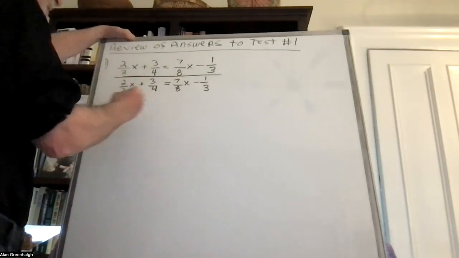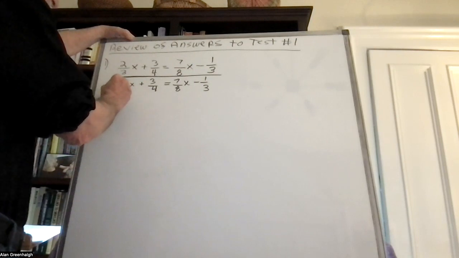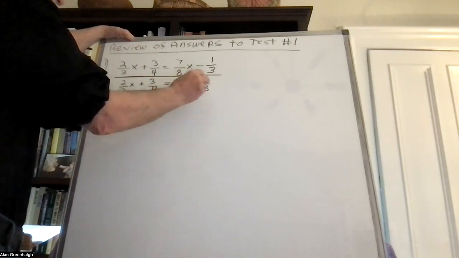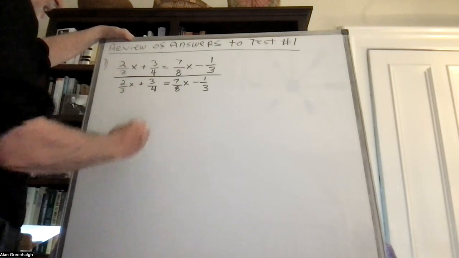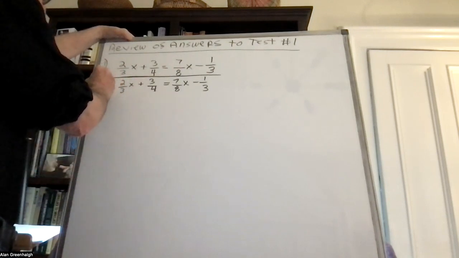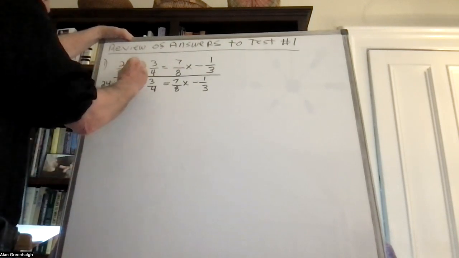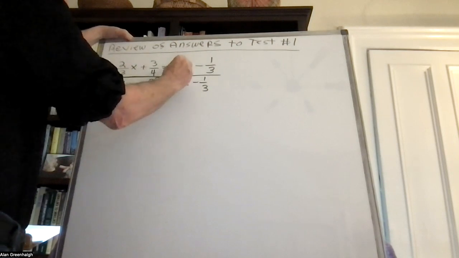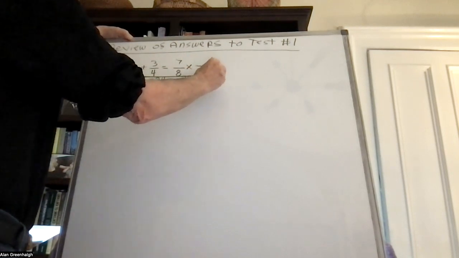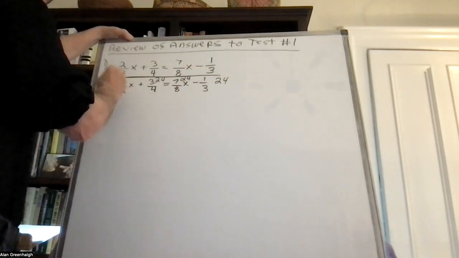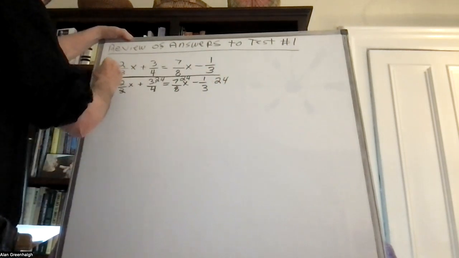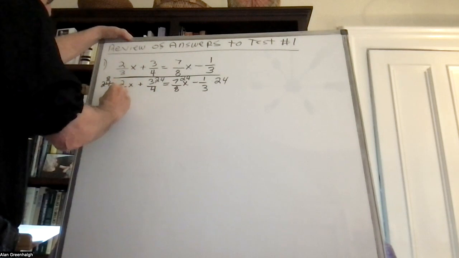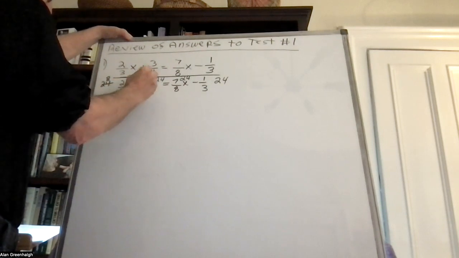Now, the least common multiple among 3, 4, and 8, the 3 obviously is the same as that, is going to be 24. You're going to multiply everything by 24. And 3 into 24 is 8. 8 times 2x is 16x.